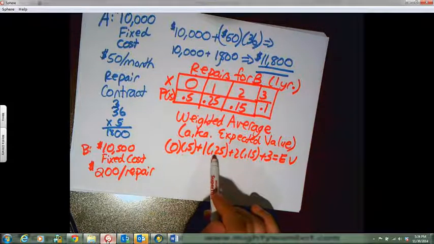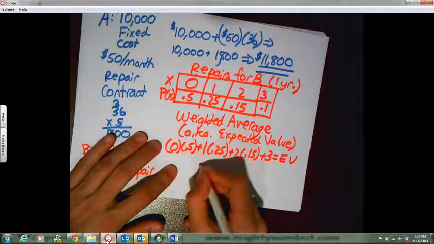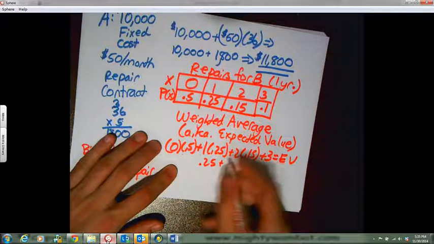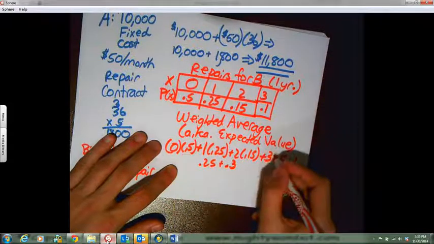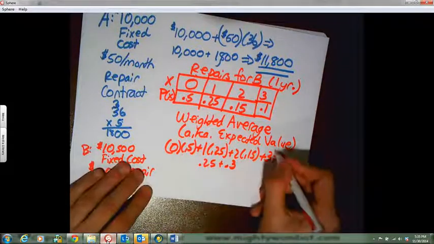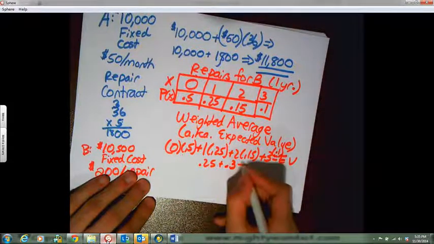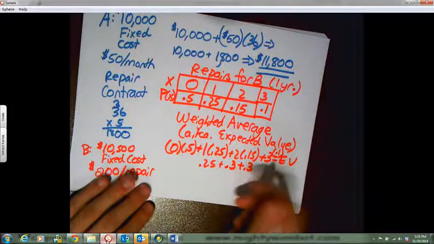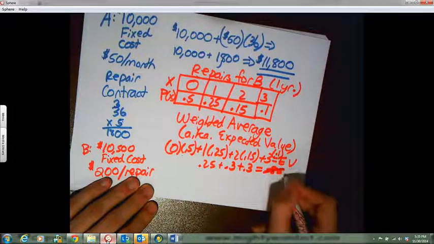We can solve this out. This just goes to 0. This is 0.25. This is 0.3. This, by the way, should be 3 times 0.1, right? Plus 0.3. So 0.85 on average repairs per year.